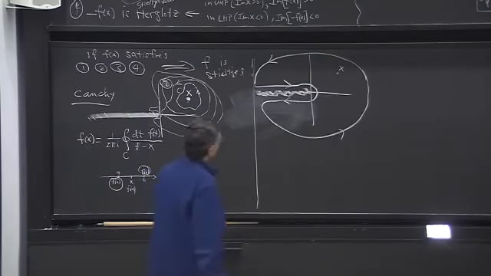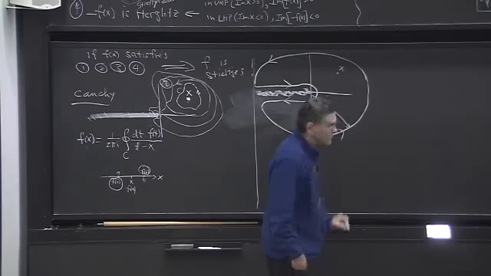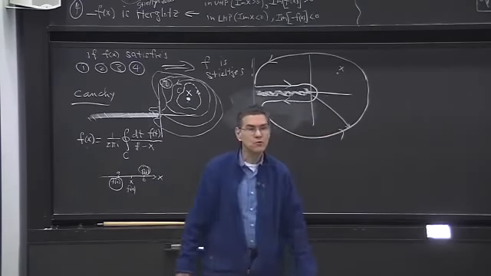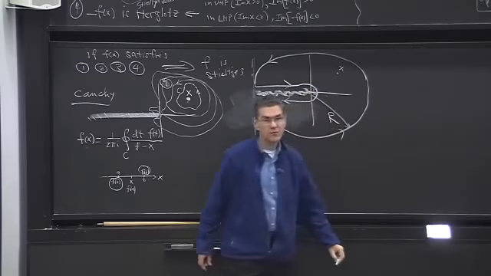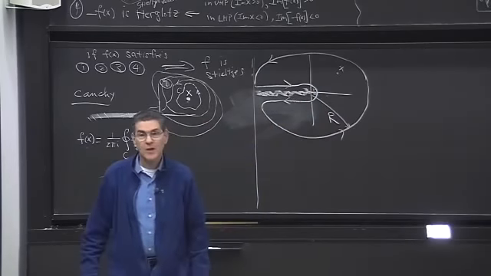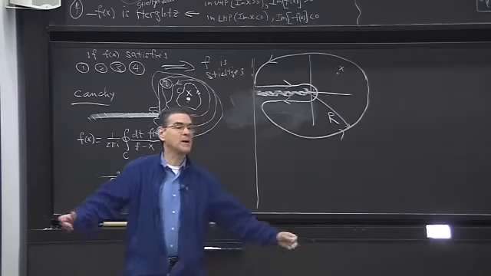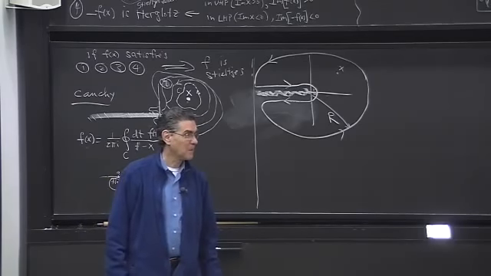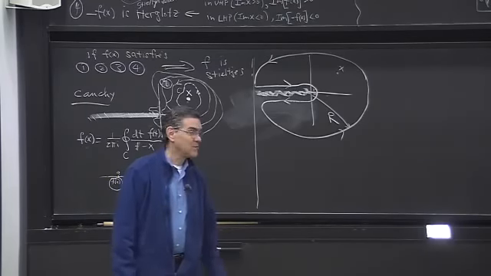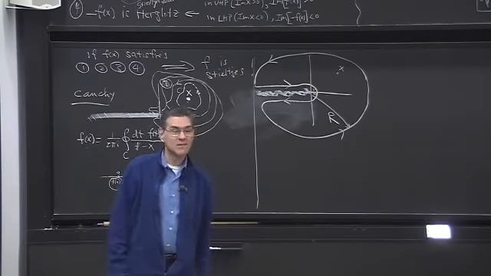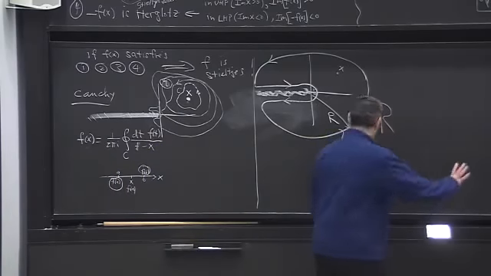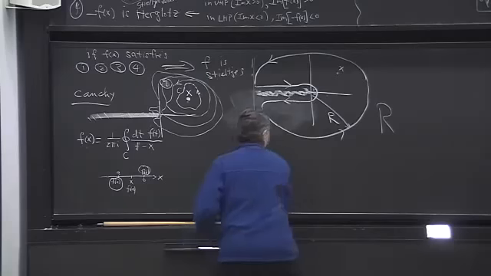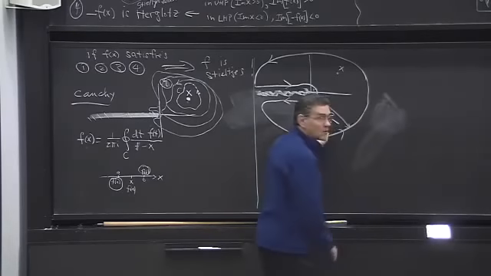Okay, now, the outside part of the contour is some huge circle of radius R, and the inside of the contour is some little circle of radius little r. And you know what I'm going to do. What am I going to do? I'm going to make capital R very, very big.